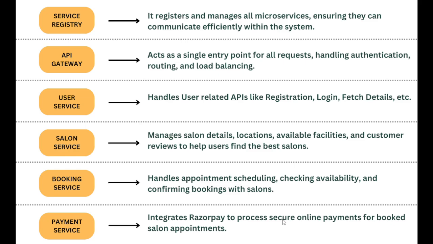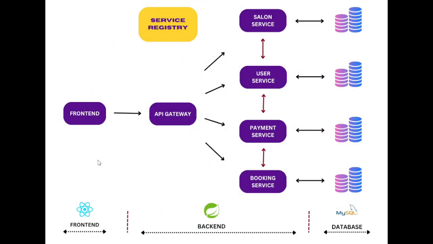Now let's see the complete flow from the front end to the backend to the database. When the user initiates a request on the front end, that is from our React.js application, the request will come to the backend Spring Boot application, and it will firstly come to the API gateway. This will be responsible for handling the request from the front end, and based on the URL which came from the front end, it will decide to which microservice it has to route the request.